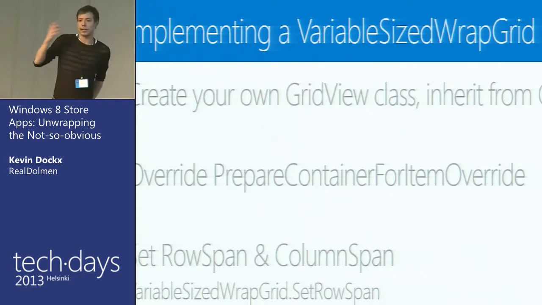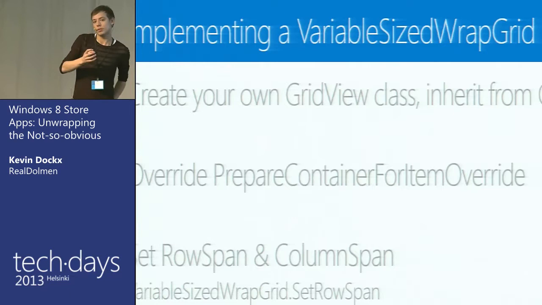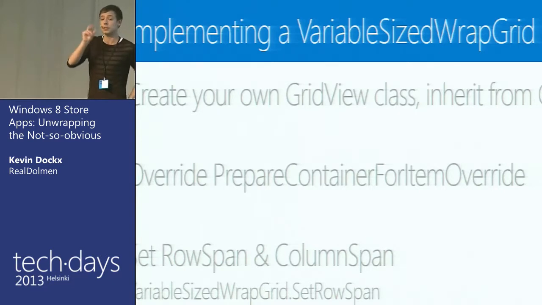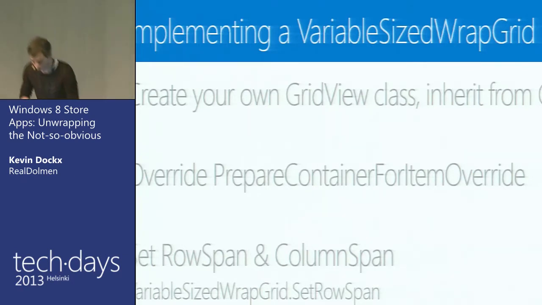So when you end up in that method, you can set the variable size wrap grid's row span or column span. The variable sized wrap grid, that is the container, the items panel, let's say, for your items. By setting that, you can effectively state, well, this one should span 2 rows, 2 columns, so it's bigger. So let me show you.